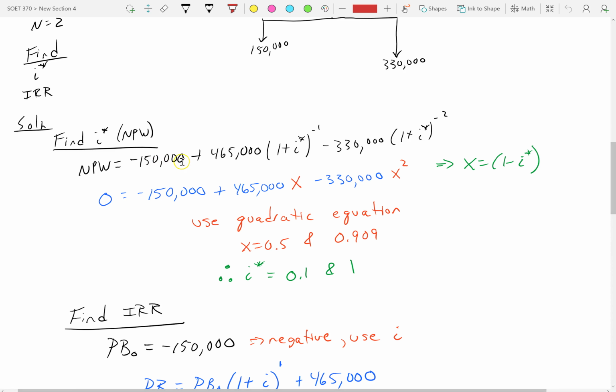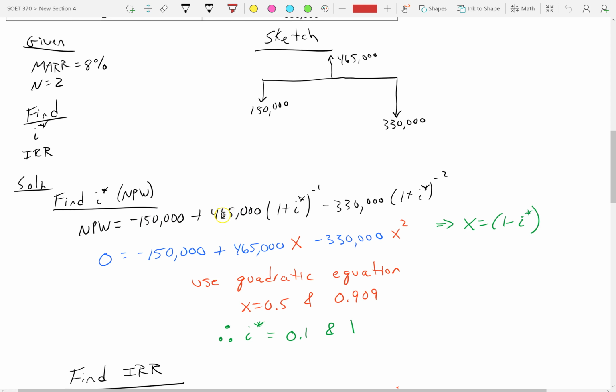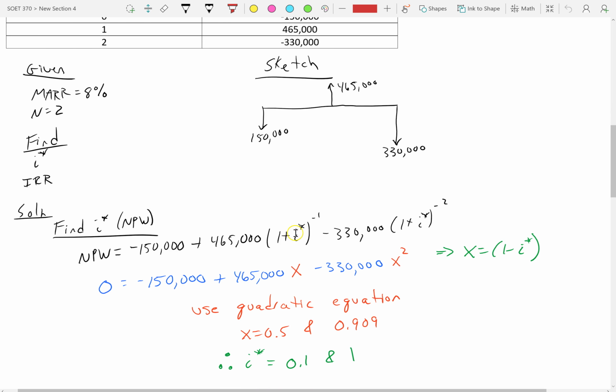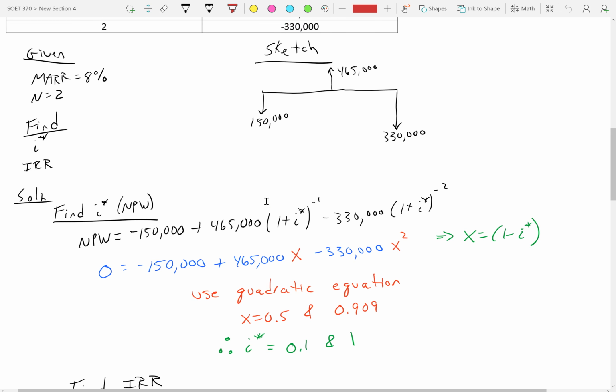So we have negative 150,000, then we bring back 465,000 1 year, then we bring back 330,000 2 years. Now there's two ways you can solve this. You can just loop I from 0 to 110% and then figure out when it equals 0. And we know that it changes from negative to positive twice, so there's going to be 2 answers.